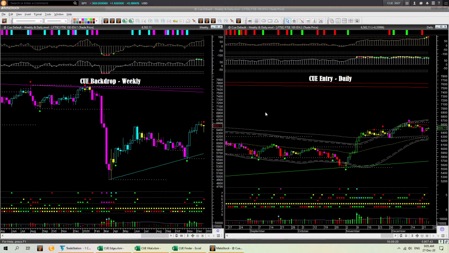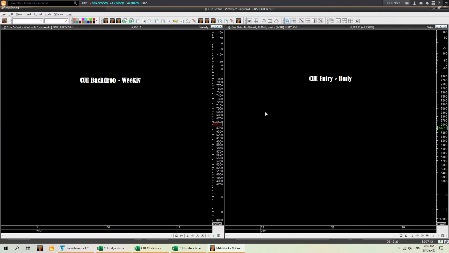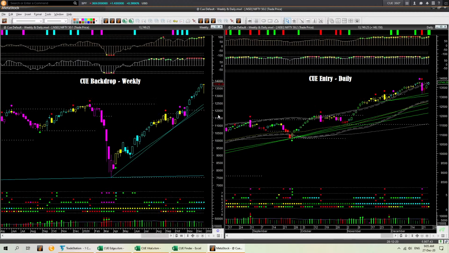And what about the Indian Nifty 50 that used to be the strongest of the global markets? Well, that is continuing. Weekly has a long lower tail, that is a bullish shape candle. In daily, it is in an uptrend.